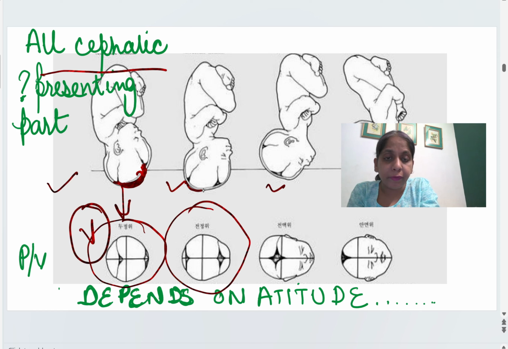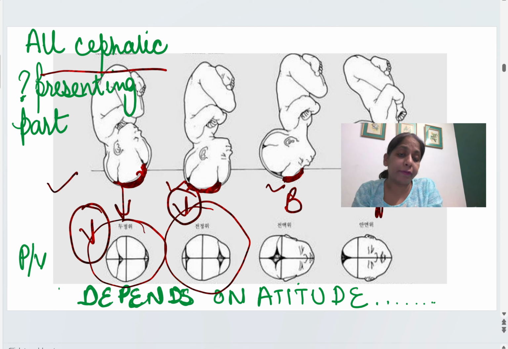Here also we will feel between the anterior and posterior fontanelles, so the presenting part will be vertex. But here we will feel this part, which is brow, and here we will feel this part, which is face. So the part we feel on PV is known as the presenting part.